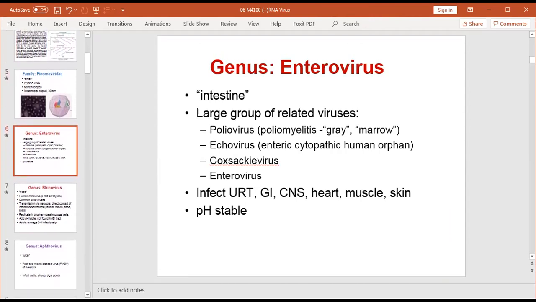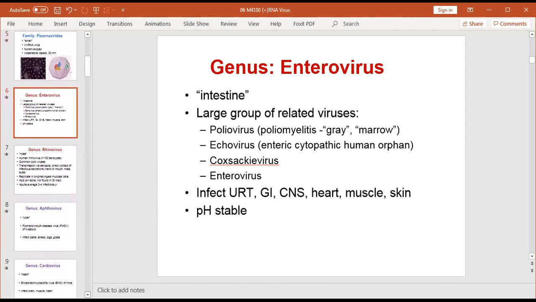Slide number 6. A genus within the family of Picornaviridae is enterovirus, entero meaning intestine. So enteroviruses are a large group of related viruses.